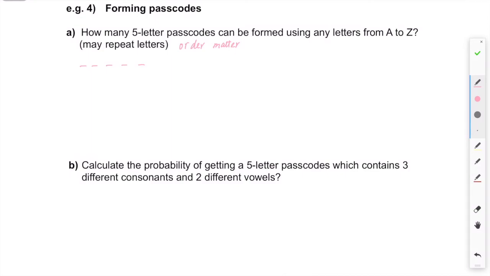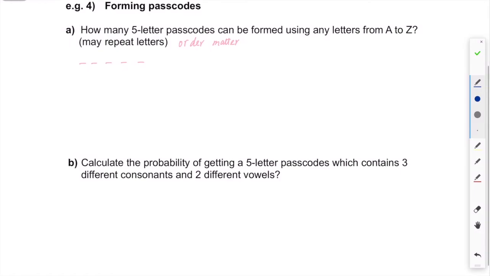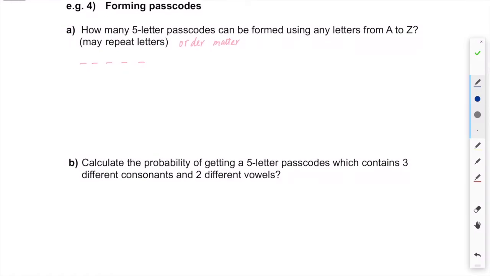Because there are 26 letters in the alphabet. And then how about the second blank? Another 26. Third blank, another 26. So for all of them, I can have 26 multiplied by 26 times 26, all of them 5 times. So I can have 11,881,376 different passcodes from A to Z.